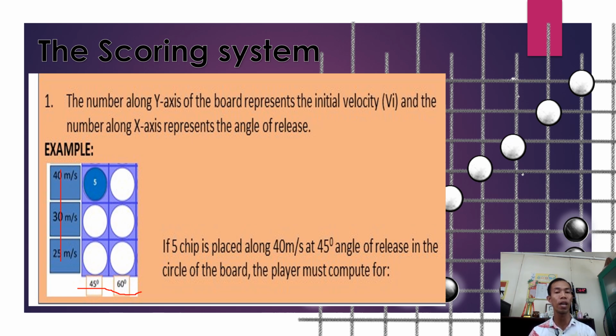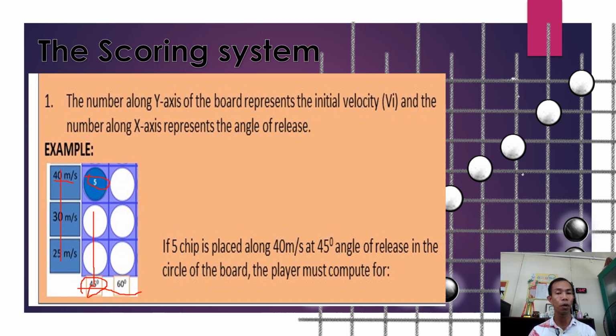If, for example, a 5 chip, just like this one, this is the 5 chip here, the blue chip, is placed along 40 meters per second at 45 degrees. Here is 40 meters per second at 45 degrees here.